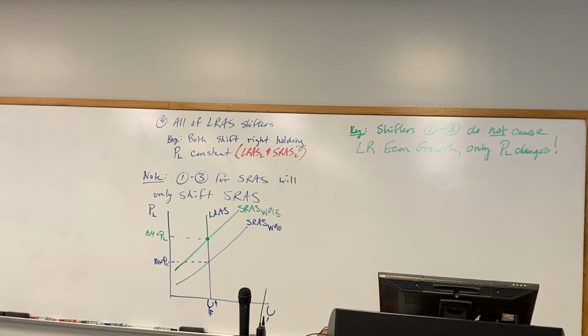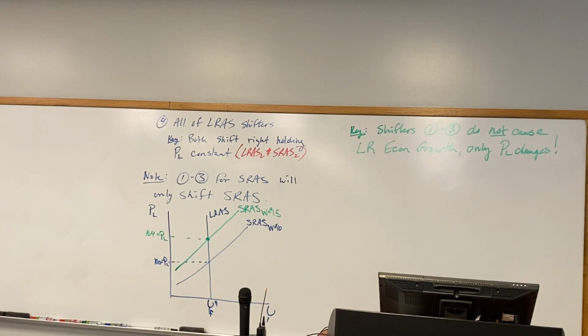Nadia, give me one of the aggregate demand shifters from yesterday. You were here yesterday, right? So we're going to do an example. We'll call it the Nadia effect. Give me one of those shifters. An increase in the real income of the rest of the world. Okay, an increase in the income of the rest of the world.